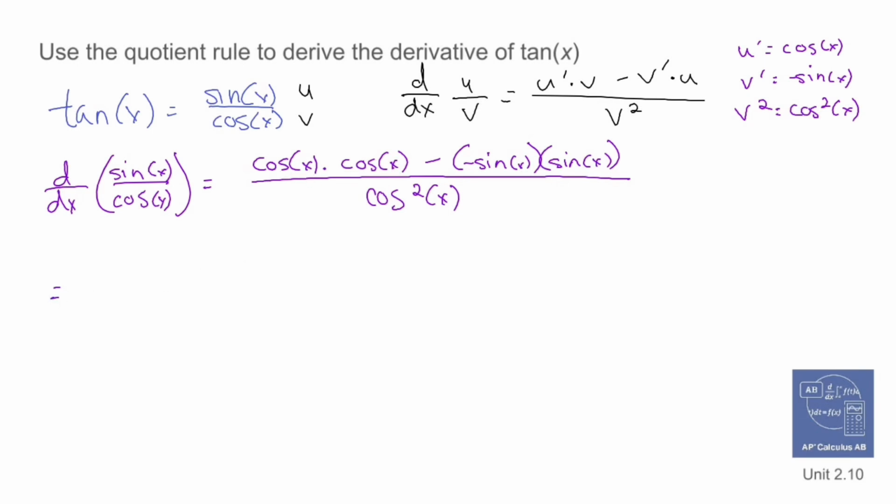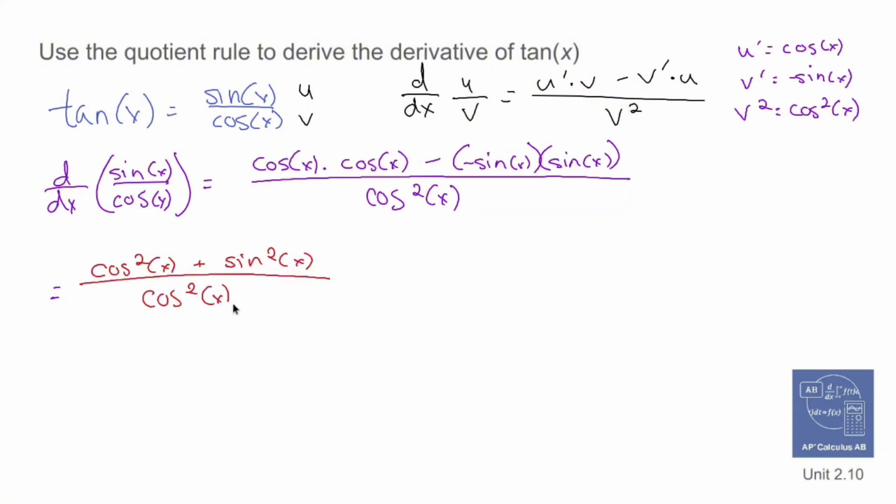Cosine times cosine is cos squared x, minus a negative, so plus sine x times sine x is sine squared x. And that's all going to be over cosine squared x.